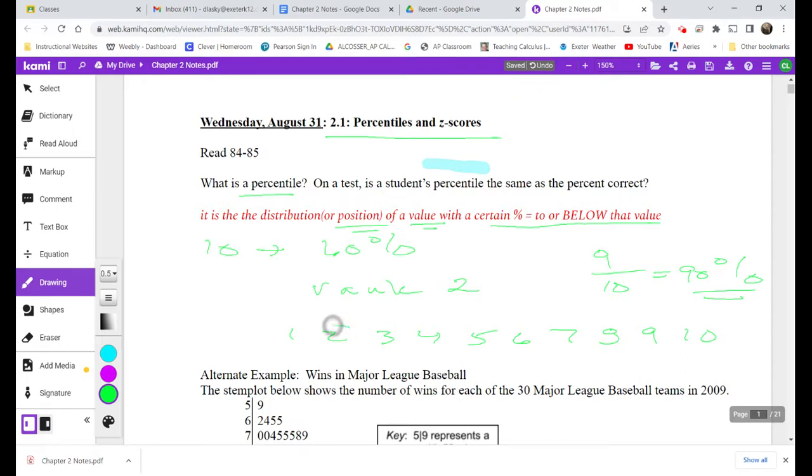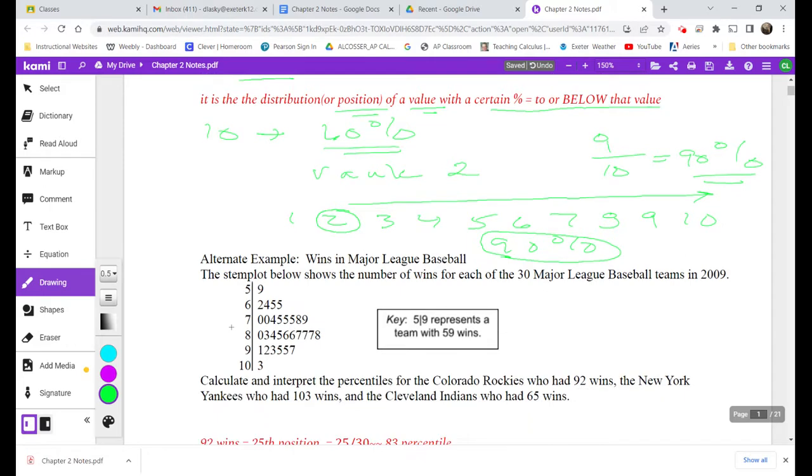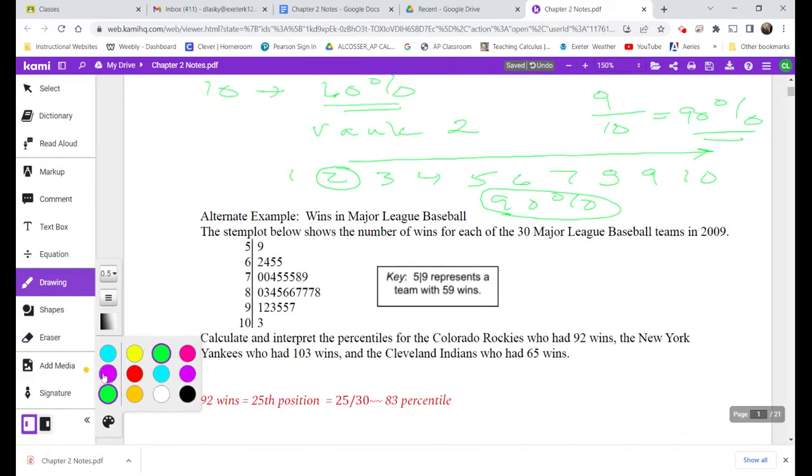He was the second ranked here. So below him or equal to were 90% of the scores. So he did as good or better than 90% of the people on that test. So his percentile was 90%, but his overall score was 60%, which kind of happens a lot on AP tests in general.